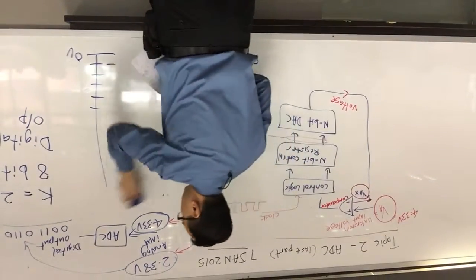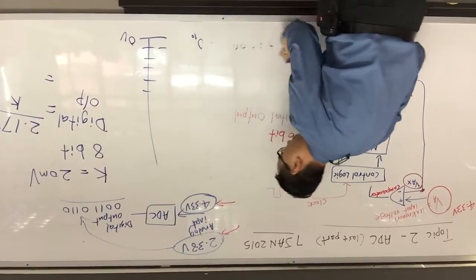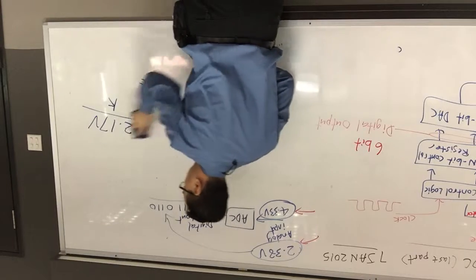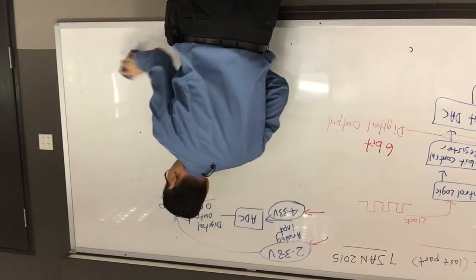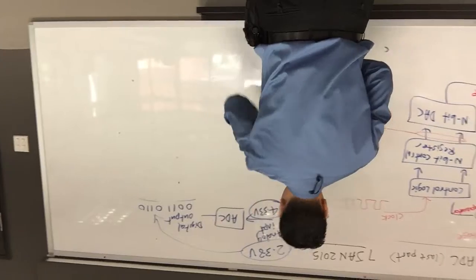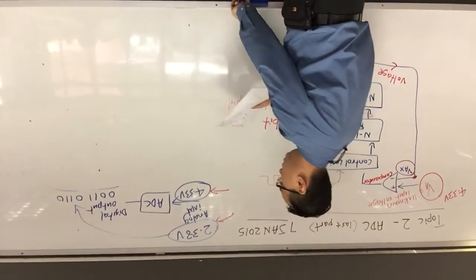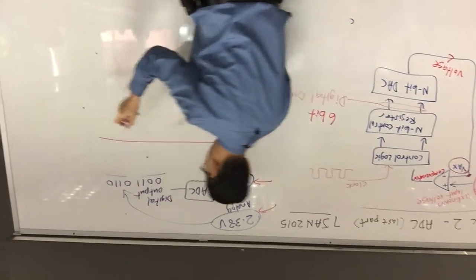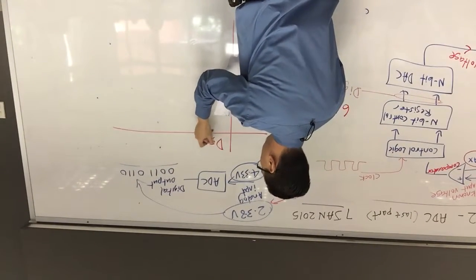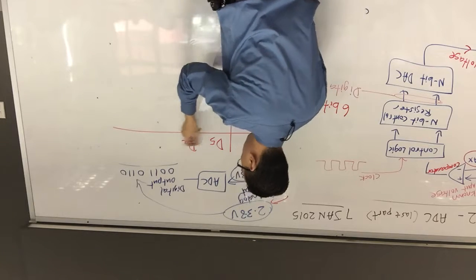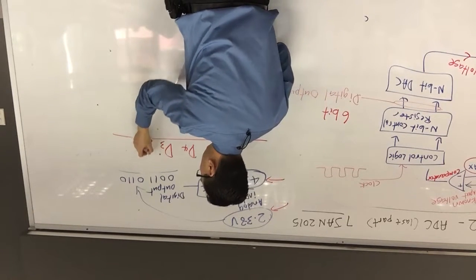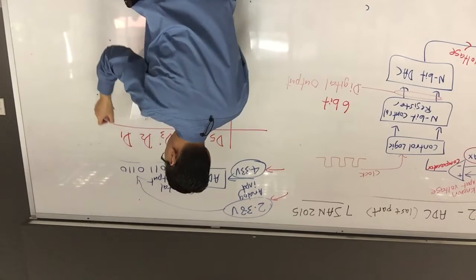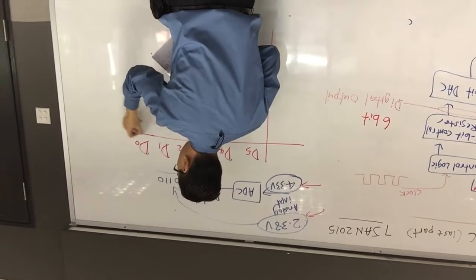Now let me erase this, and then I try and explain it. It's better to explain in this way. Assuming I have this good example here, D5, D4, D3, D2, D1, D0. This is just the digital bits; D is the data bits.